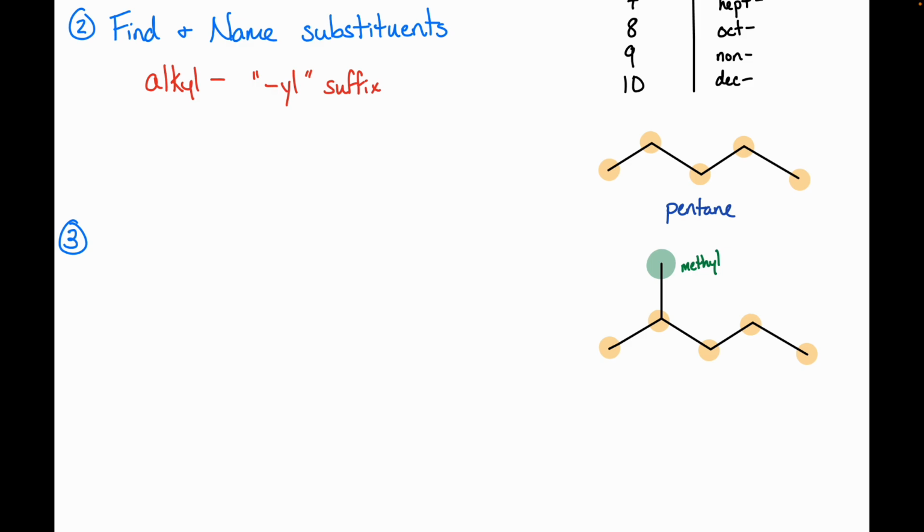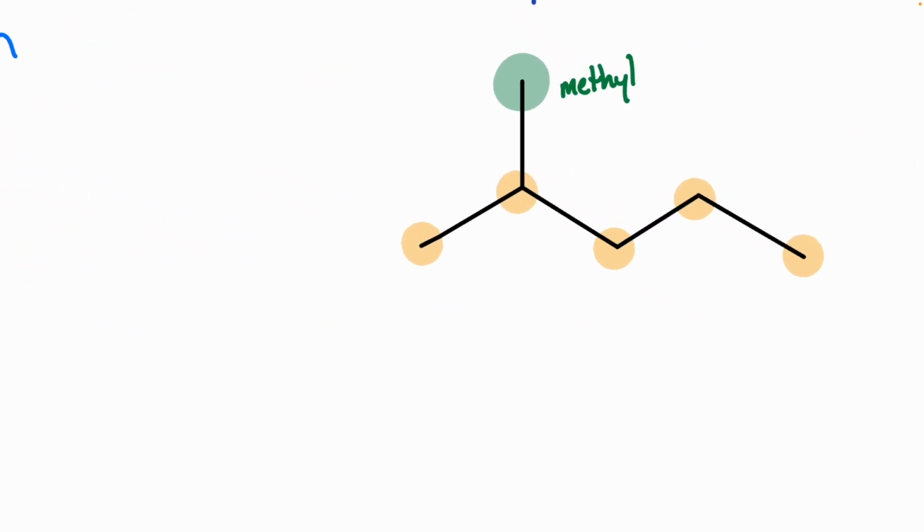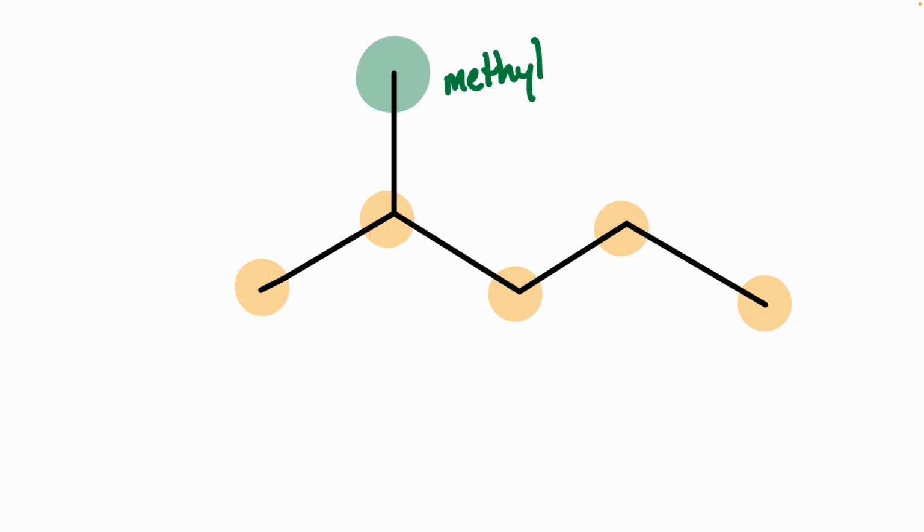Okay? The next step is we got to indicate where that substituent is on our parent chain. We're going to number our parent chain. All right, and we're going to number our parent chain in such a way that we get the lowest number in our final name. All right, what do I mean by that? So my parent chain, you can always number two different ways, front to back, back to front, right?